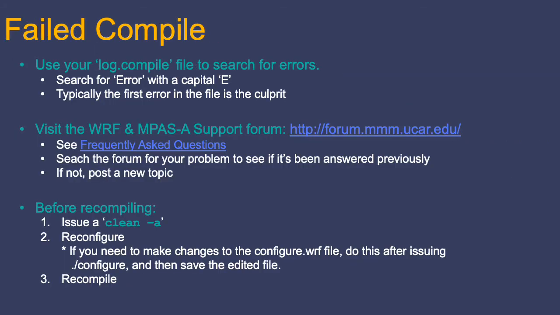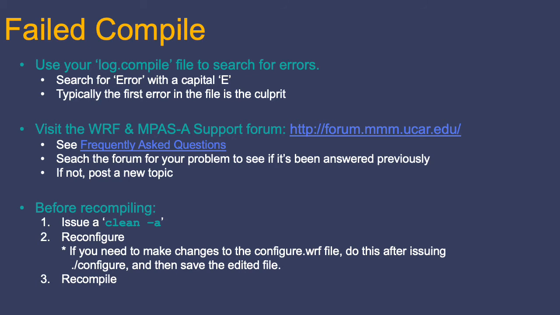If your compile is not successful, there are a few things that you can do to troubleshoot. First, look in your compile log to search for errors. You'll want to make sure that you search for the word Error with a capital E, and usually the first instance of that in the compile log is the one causing all the problems. When you know the problem, but you don't know how to fix it, I'd recommend going to the WRF & MPAS-A Support forum.